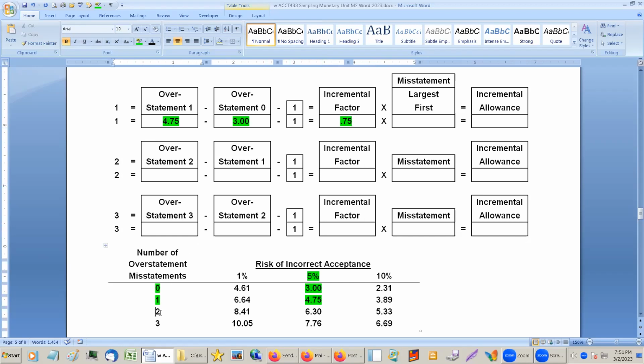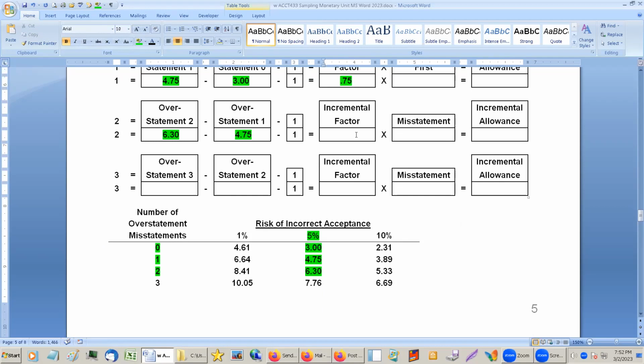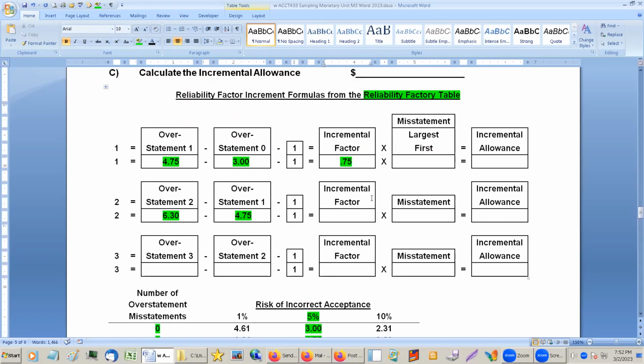The second one, overstatement 2. So this would be 630 minus some number.